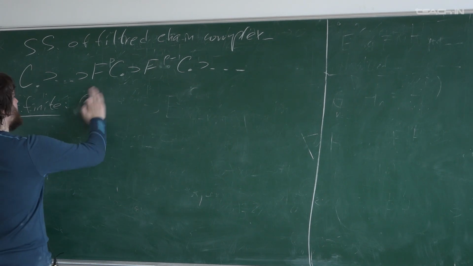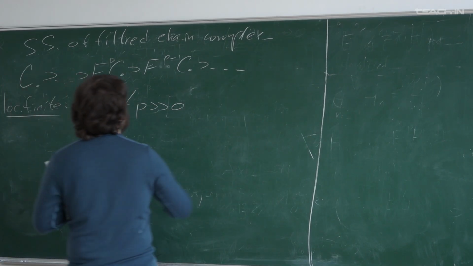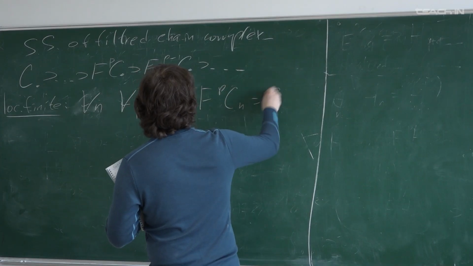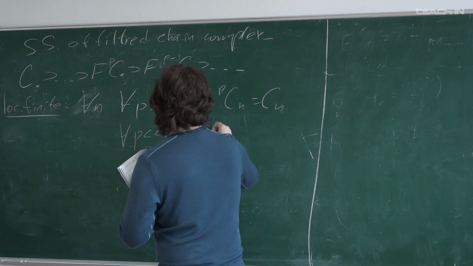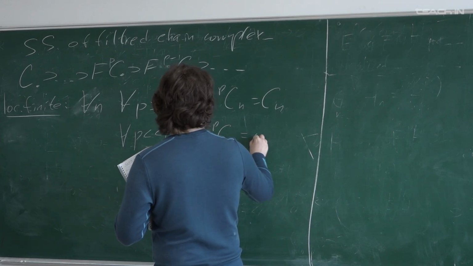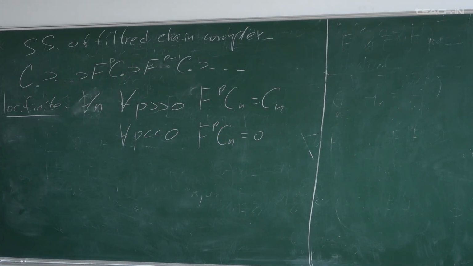For any degree, for very big numbers, this is just Cn itself, and for small enough numbers, it's 0. These numbers can depend on n. It's a finite filtration such that the biggest part is Cn itself, and the smallest part is 0. But the length of this filtration may depend on n.